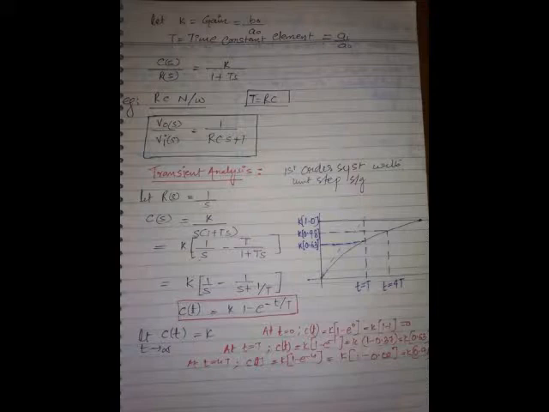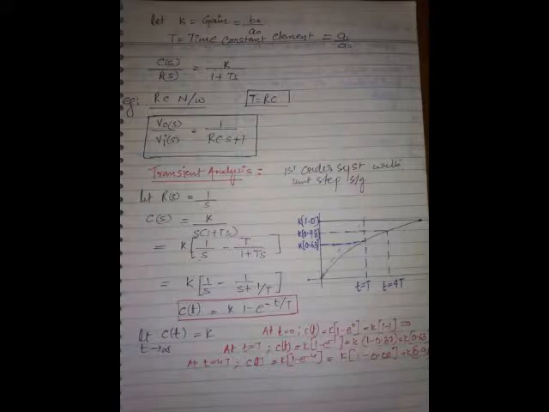Ideally speaking, a response should reach 100% of the final value. But is it reaching 100% of the final value? Where is it reaching? Only 63% of the final value it is reaching. So when t is T, practically the response will reach K into 0.63 only.